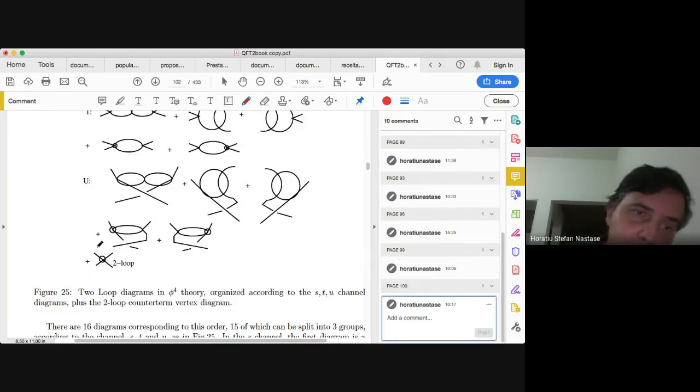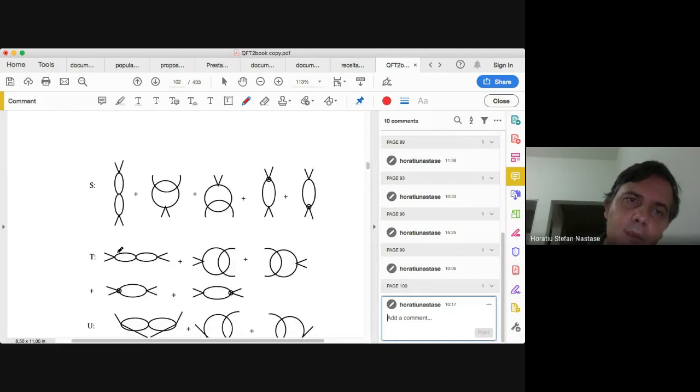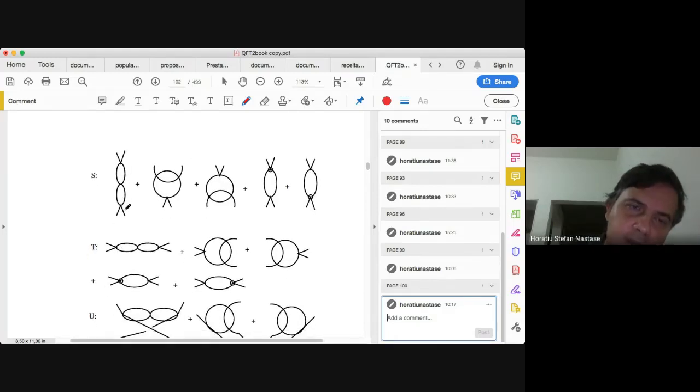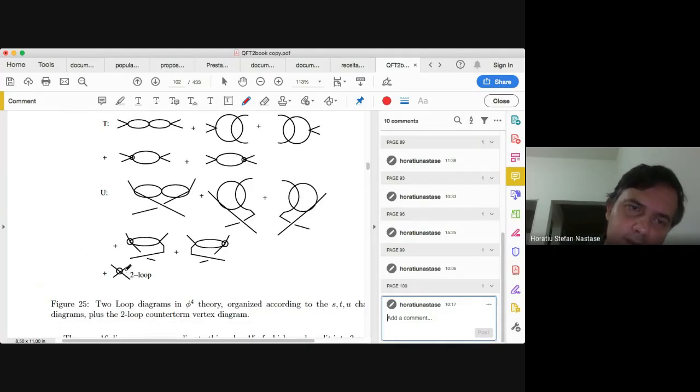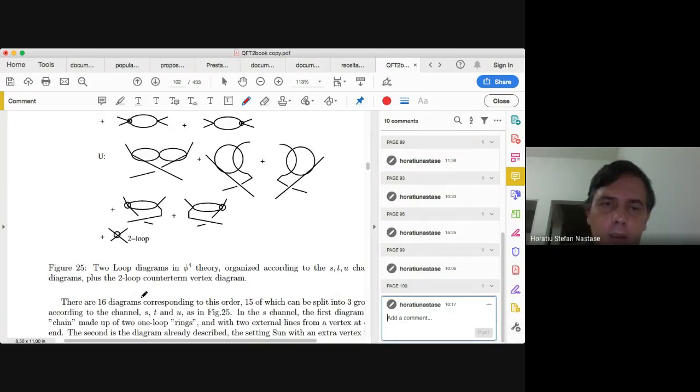Oh, and finally, of course, as we said, we also have to add an intrinsically two-loop vertex correction. So this is the 4-point function, so you can think of this as a correction to the vertex of the phi to the 4 theory, which is this. All right.